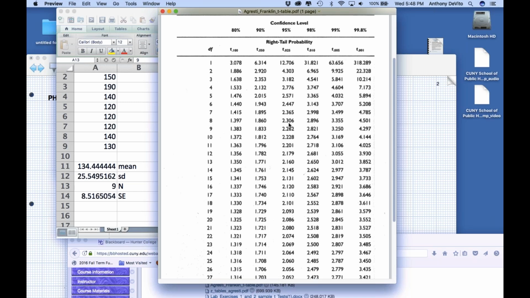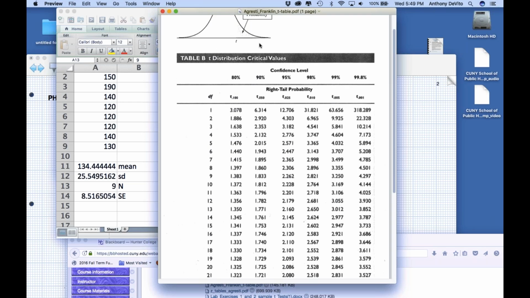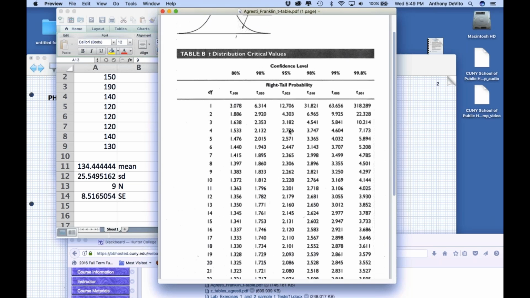For instance, this one in the middle, 2.306, represents the critical value of t for the right-hand portion of the curve being 2.5%, meaning 2.5% in the top and 2.5% in the bottom, at negative 2.306 for t. So basically 5% of the distribution is outside that. That's how extreme this would be if you got that t-score. Its corollary is a 95% confidence interval. So you can see 95% and two tails, each with 2.5%.